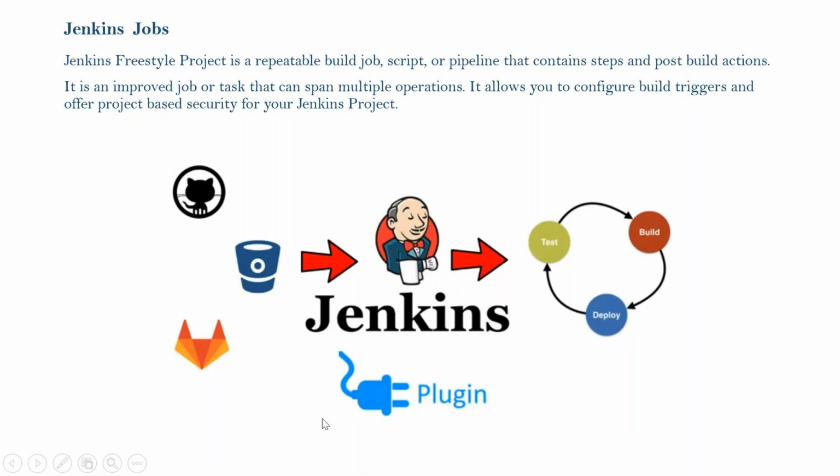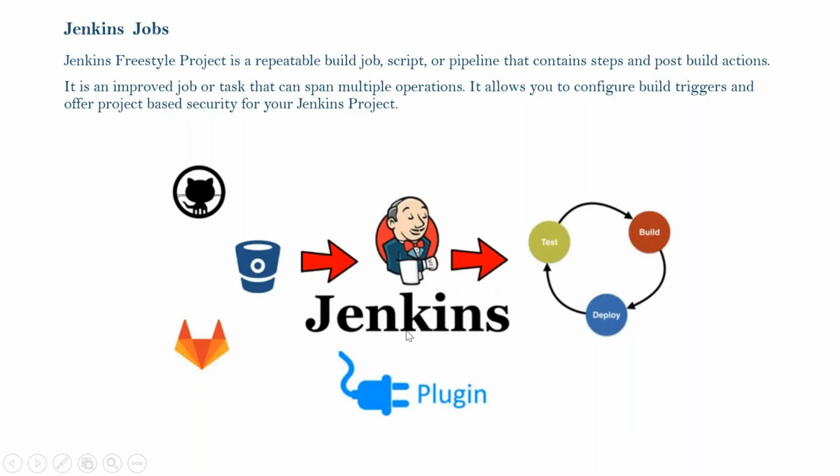Here on the left side we have GitHub, Bitbucket, GitLab. These are the icons, the logos for those respective companies. Whatever the central repository may be, they all will be communicating with the Jenkins tool.